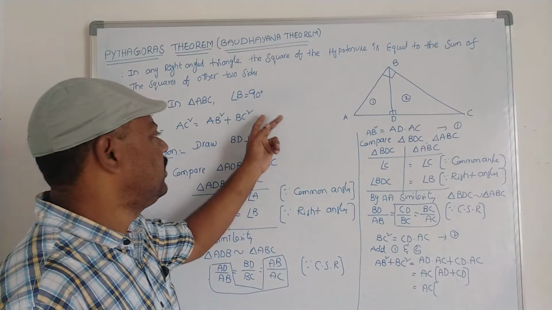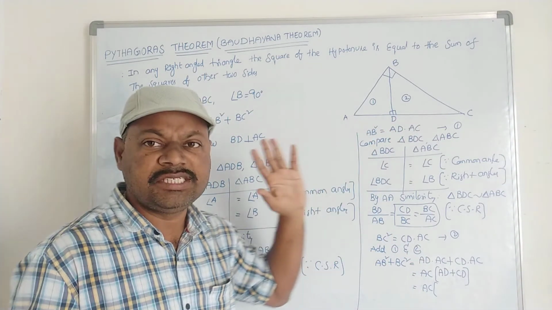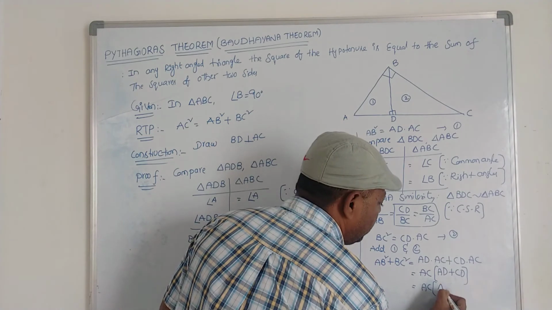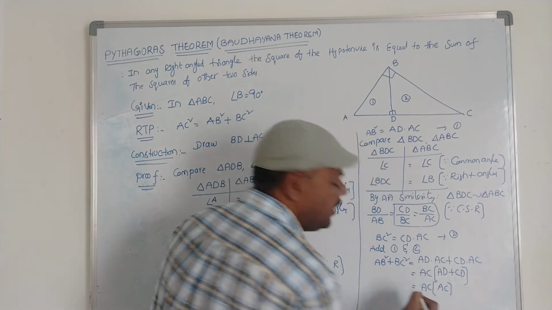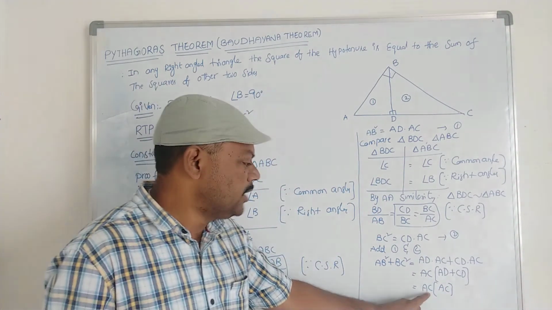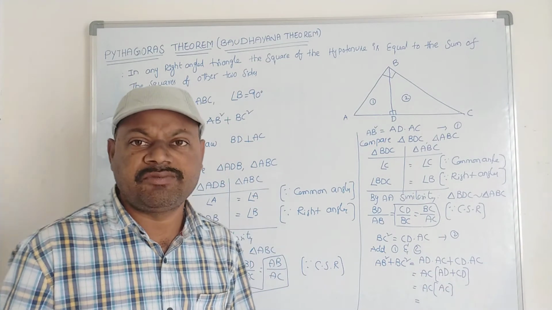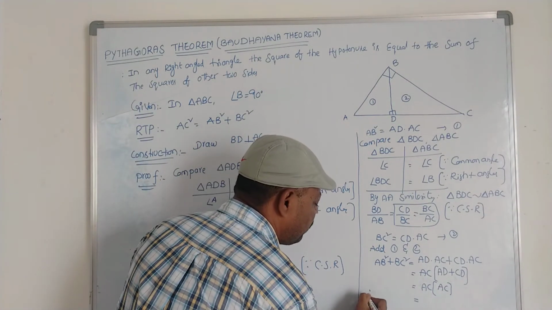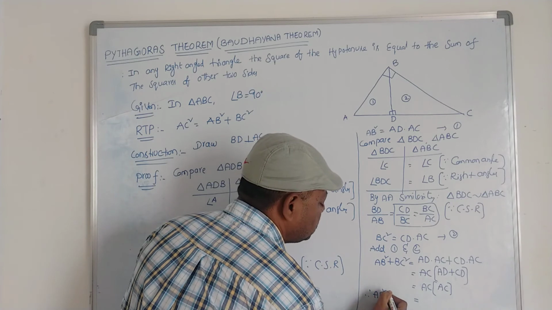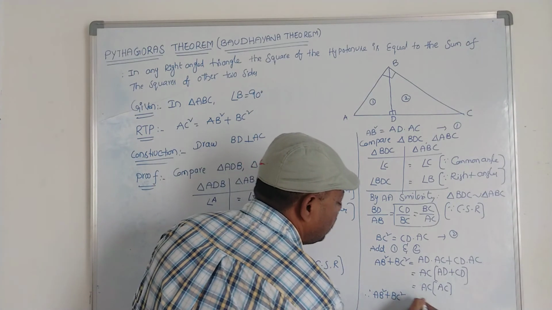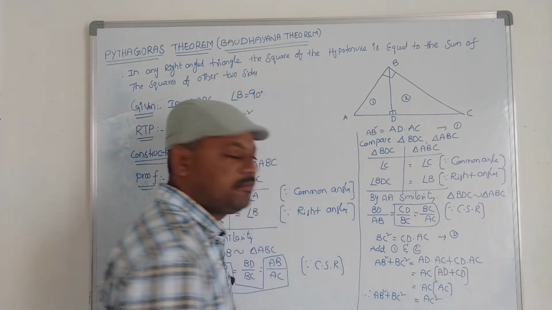Observe the diagram: AD plus CD means AC. So AC into AC is AC square. Therefore AB square plus BC square equals AC square.